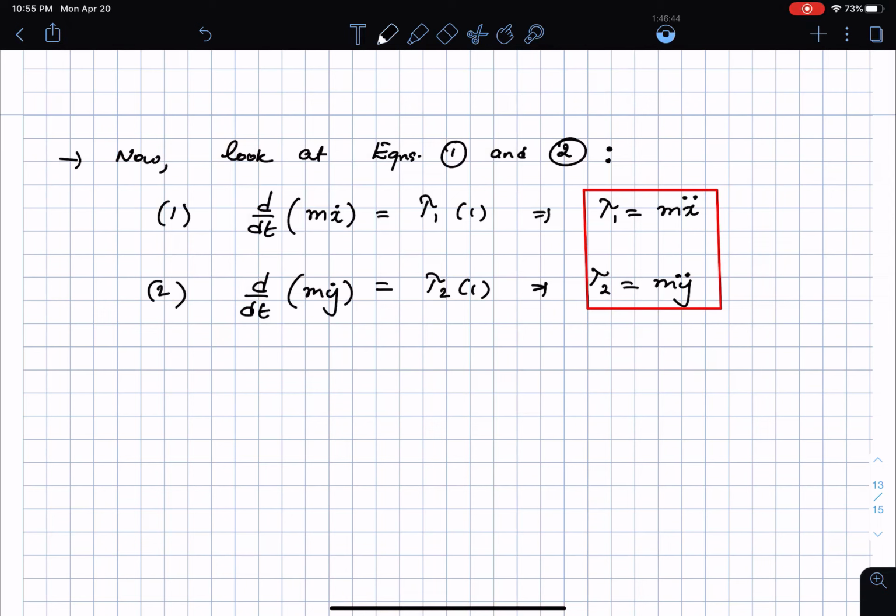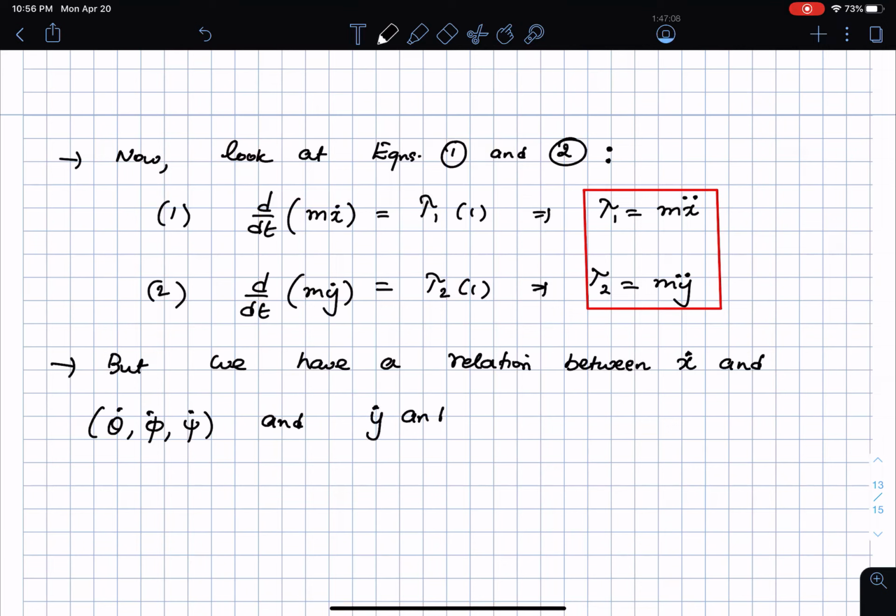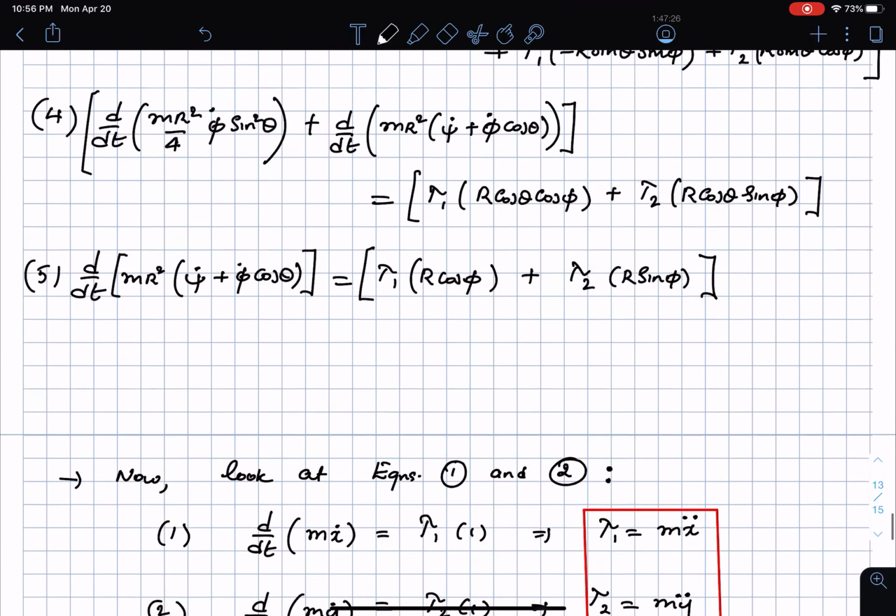Then we already have lambda 1 as m x double dot and lambda 2 as m y double dot, but we have a relationship between x dot and theta dot, phi dot, psi dot, and y dot and theta dot, psi dot, phi dot from our constraint equation. I'm going to pull that in, with your permission.